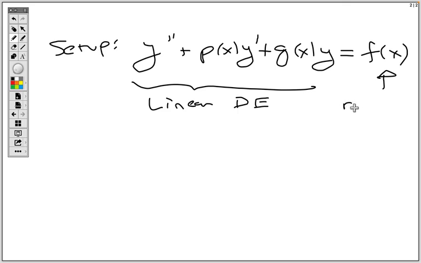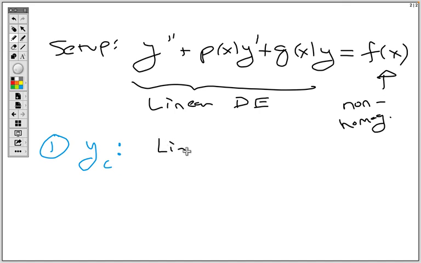So this was a non-homogeneous linear ODE. And we proved in chapter 5 that the first thing we do is go after the complementary solution. To get the complementary solution, we set the linear differential equation equal to 0.